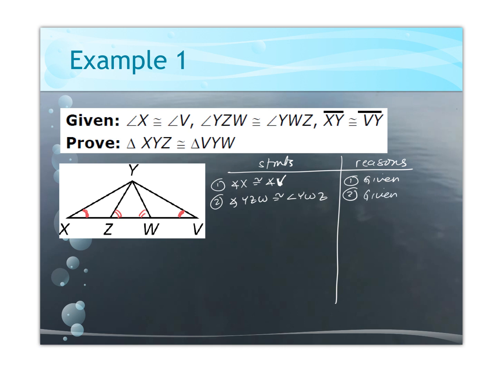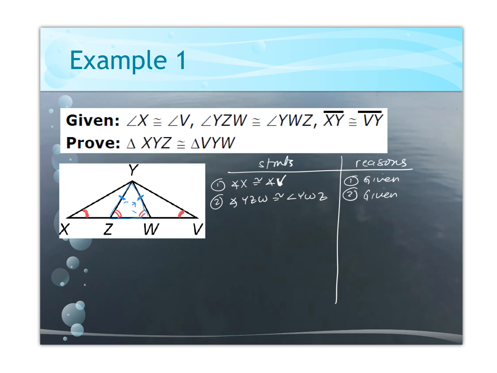Now before I do anything else, I do want you to notice that in this center triangle right here, you have two angles that are the same. So this is going to be an isosceles triangle. And remember that if the base angles are the same, the sides opposite those angles are also congruent.